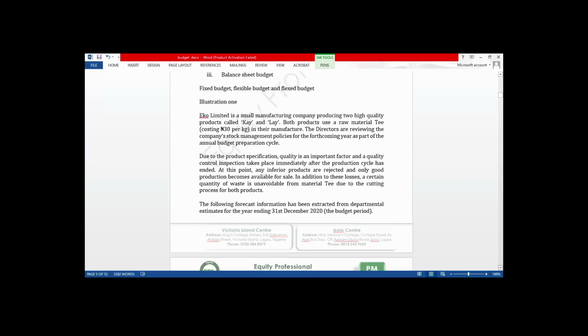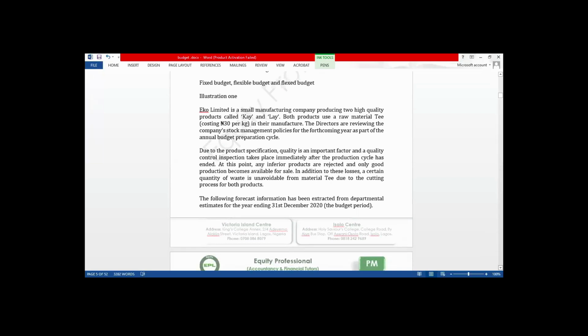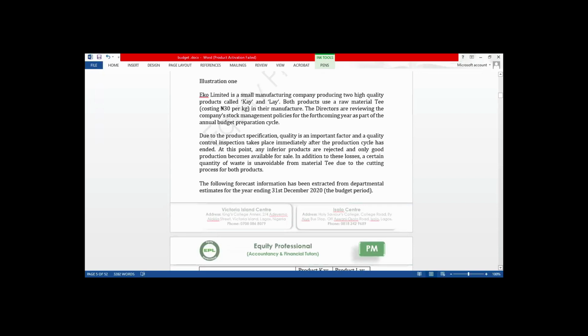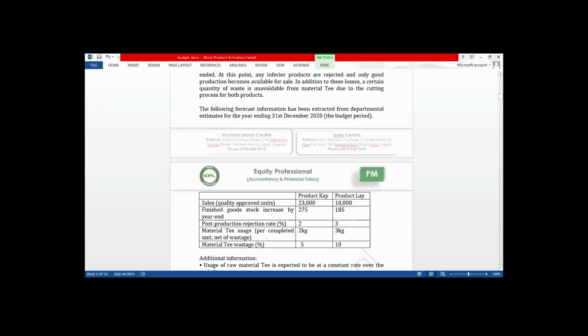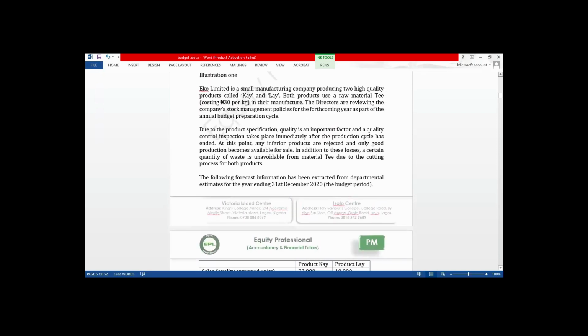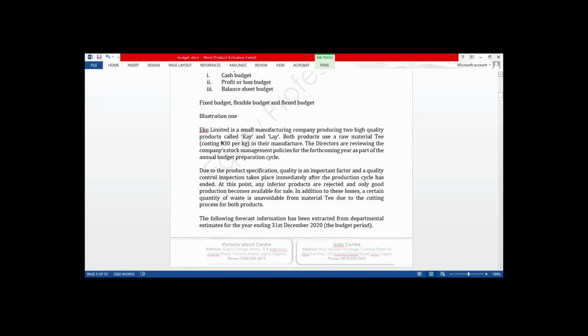I wish to solve the 2 questions, but I'm not sure this time will accommodate us. Okay, let's start with illustration 3. Eco Limited, page 129 of your study pack. Page 129 of your study pack. Illustration 3. Eco Limited.